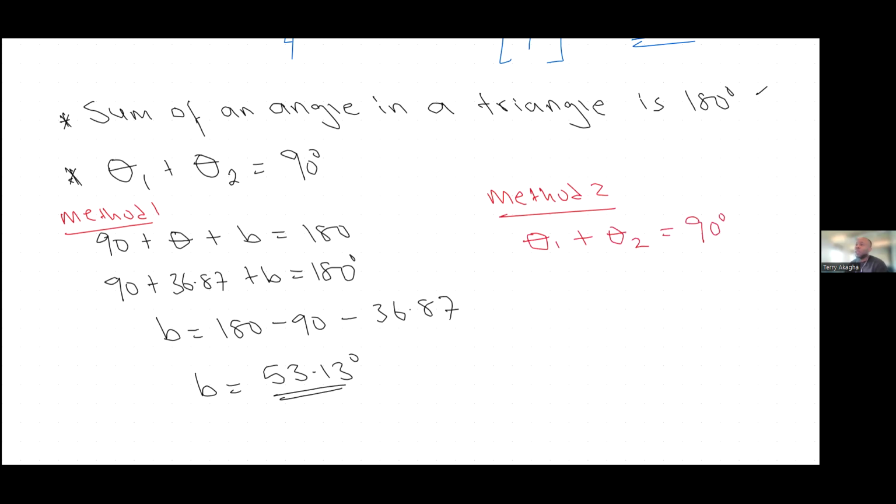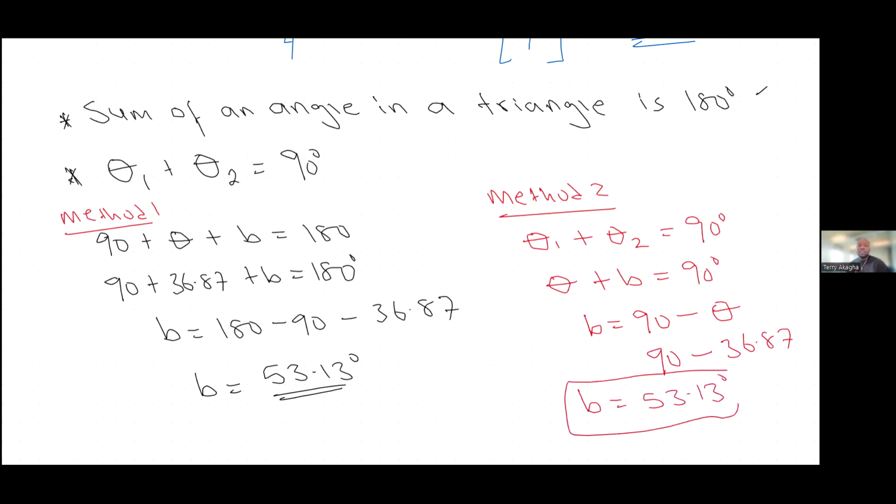So in this case, theta plus B must be equal to 90 degrees. So B is going to be 90 minus theta. And our theta was 36.87. So B is going to be equal to 53.13 degrees.